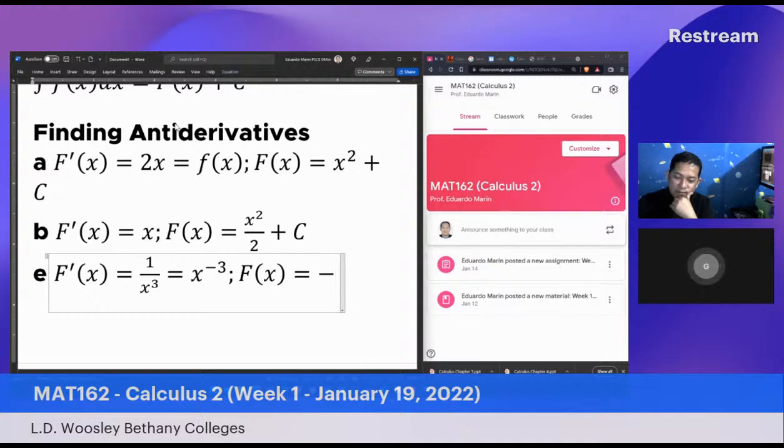X raised to negative 3 po, no? Yes, or 1 over x cubed. Opo. Bali po negative 3 over x to the 4th po.